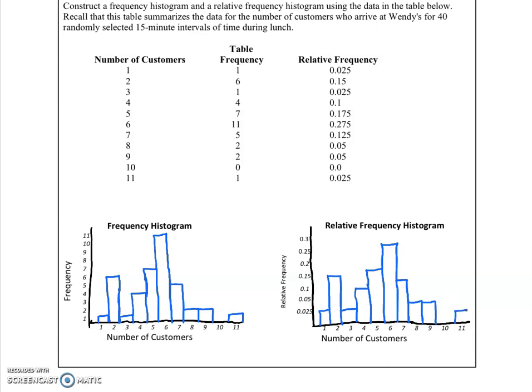And 11, we have 0.025. So again, you can see here that the relative heights of the bars are the same between the frequency histogram and the relative frequency histogram. 6 customers has the tallest bar. 10 customers has no bar because there were no 15-minute intervals that had 10 customers.